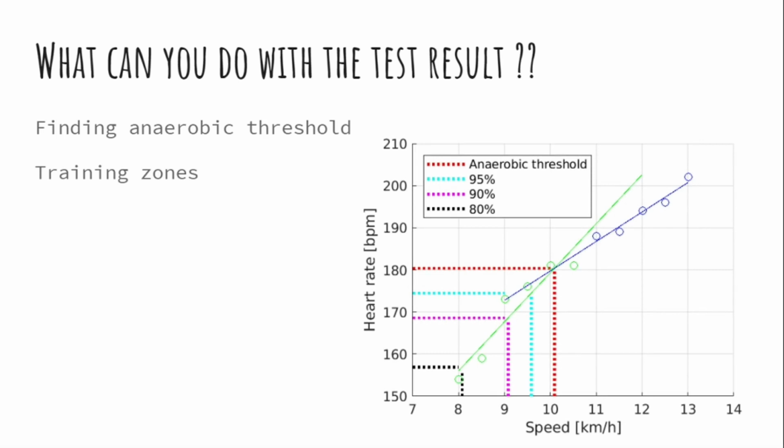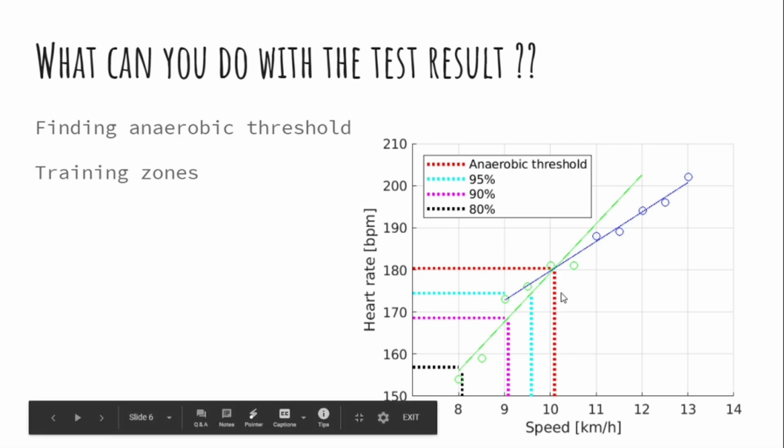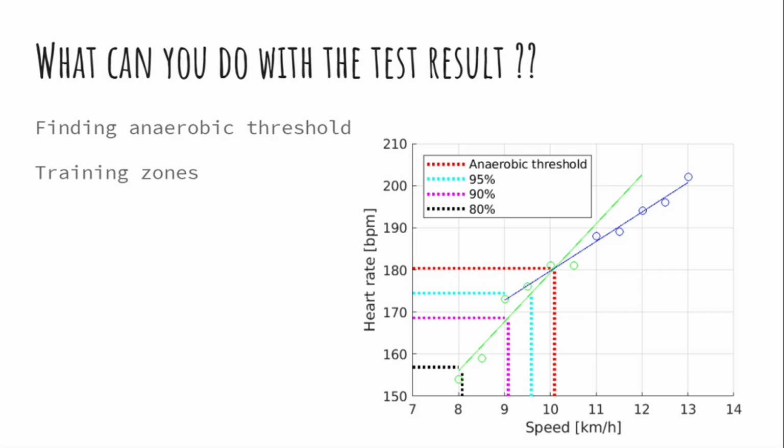So this is a plot that you saw on the previous slides. The red line represents the anaerobic threshold, which is around 180 beats per minute or a speed of 10 km/h. So anaerobic threshold is basically the point where you switch metabolism from aerobic to anaerobic.